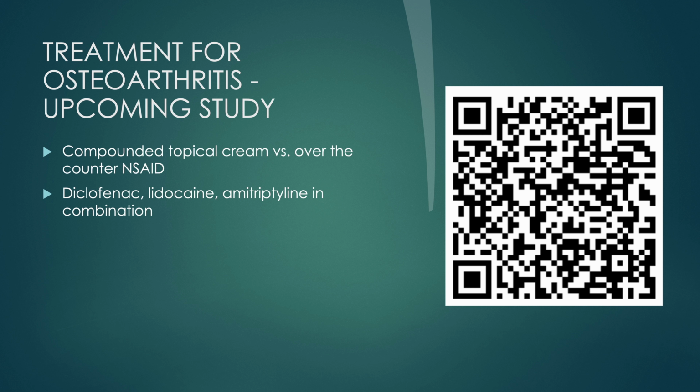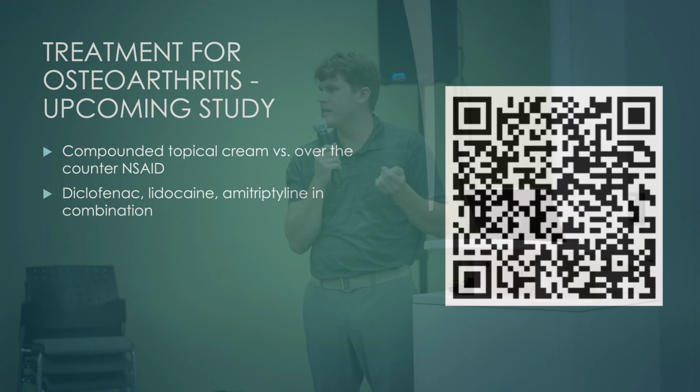It's at 10% instead of the 1% that's in Voltaren. It also has lidocaine, which is an anesthetic, like a freezing agent you use before you get stitches or something like that. And amitriptyline, which is an antidepressant, somewhat similar to Cymbalta that people use for pain control, all given topically.